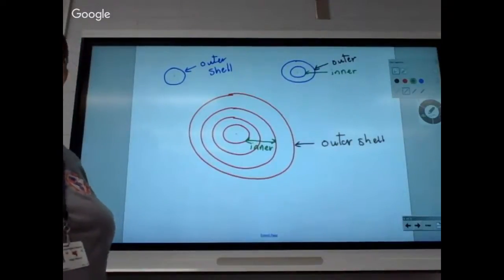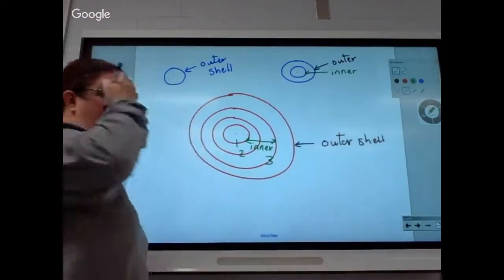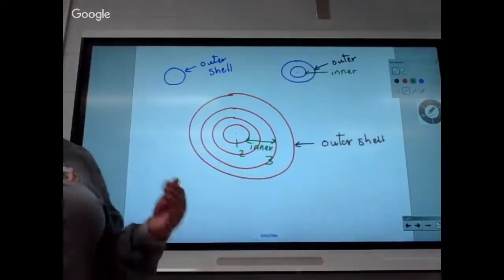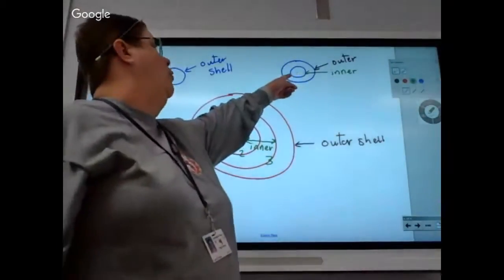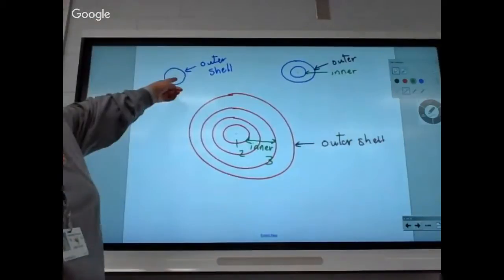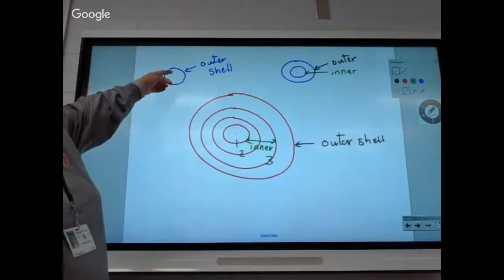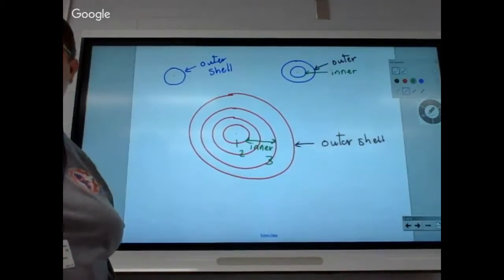So in this case, there would be 3 that are on the inner shell and 1 that's the outer shell. In this smaller one, you have 1 inner and 1 outer. But on this one, you have how many outer shells? 1 outer and there's nothing on the inner. It depends on the size of the atom. Does that make sense?